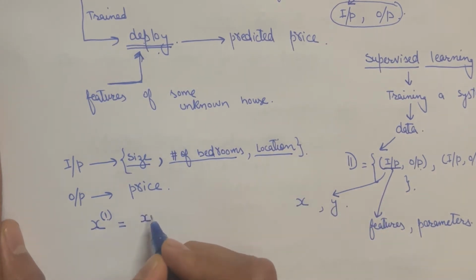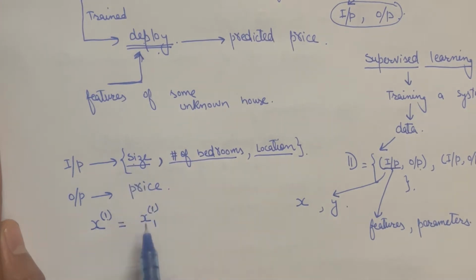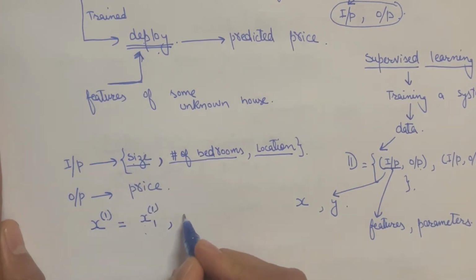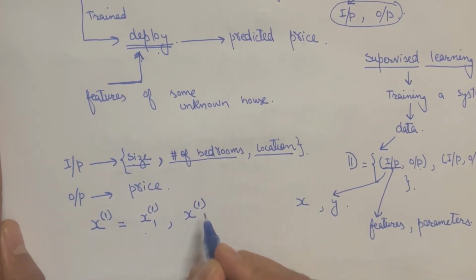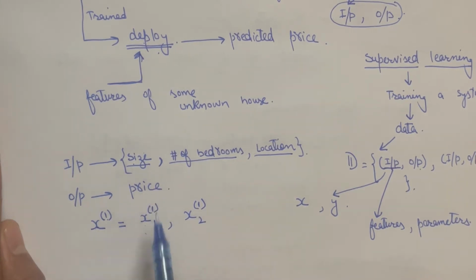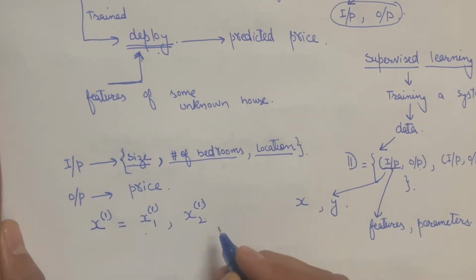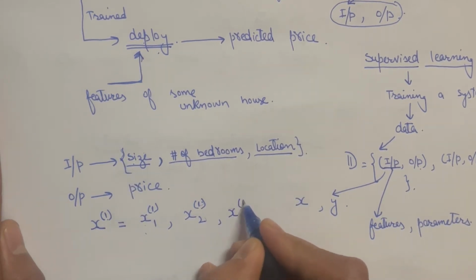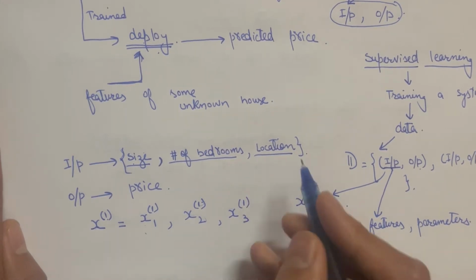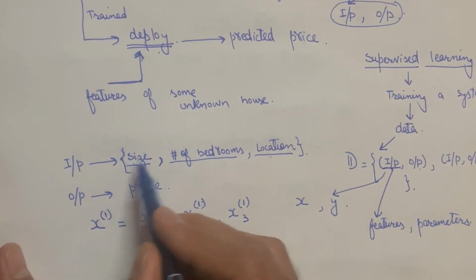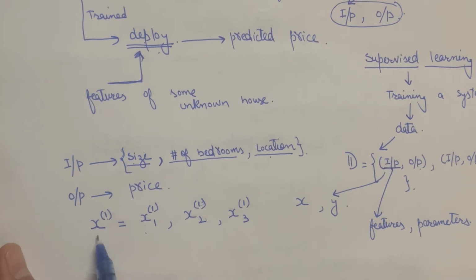So we write it like this: x11 means the first feature, which is size. x12 means the second feature of the first example, or first data point. And x13 means the location of the first data point. So this is one example.